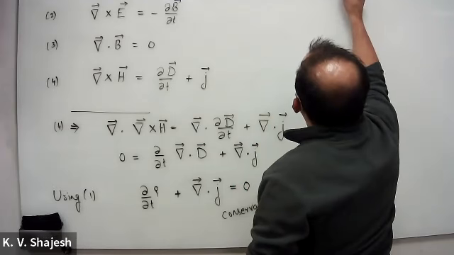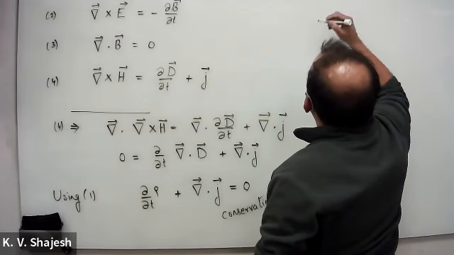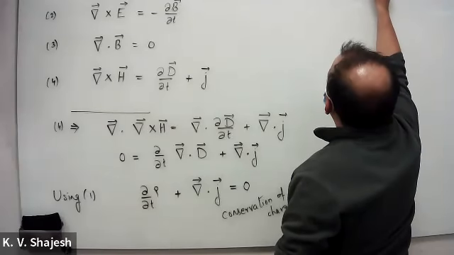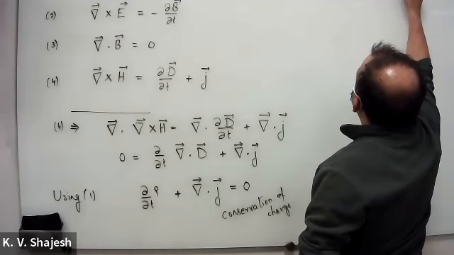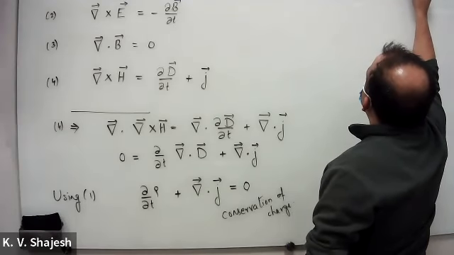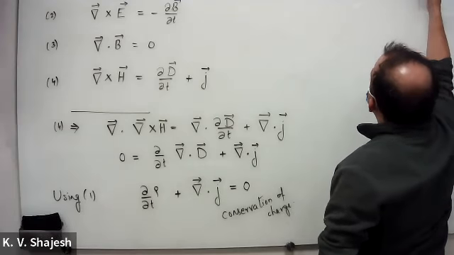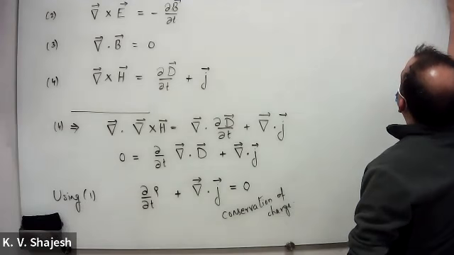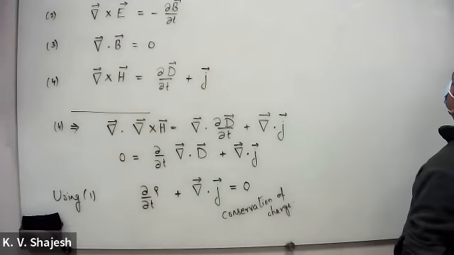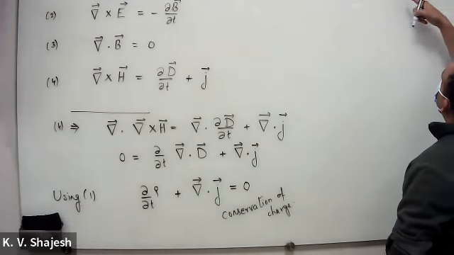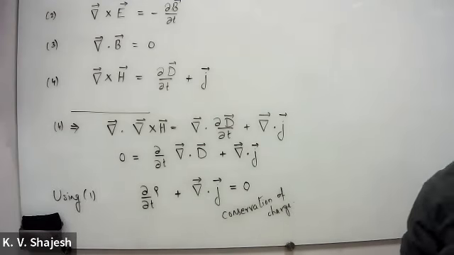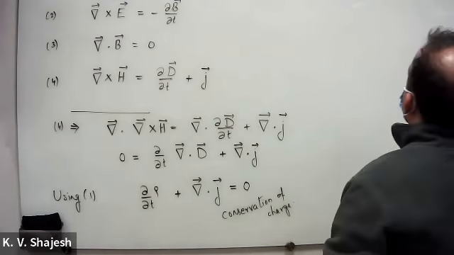So let's say time derivative of rho, and it has position and time dependence, plus the divergence of j, we'll call it current density again, plus let's say it's not equal to 0 instead. It is some S, a scalar, is equal to 0. We would like to have an interpretation of what this means.